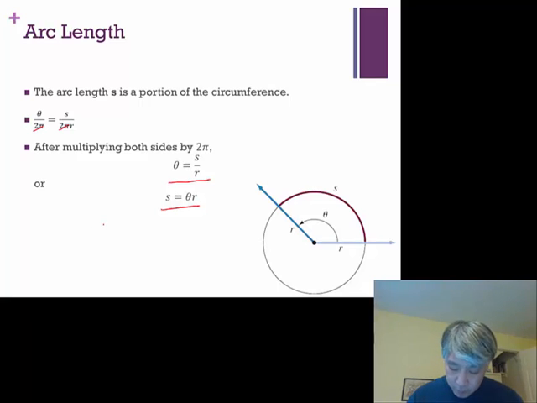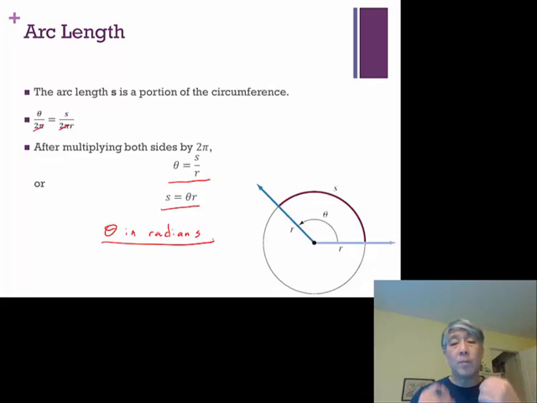Theta must be in radians. If you're going to do it in degrees, you'd have to work on it and say what portion of the circle it is, theta divided by 360. Angle in degrees, what fraction of the circle basically is it?